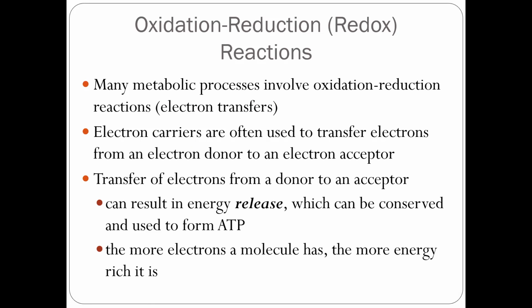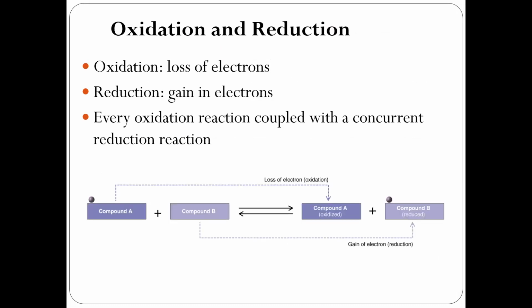And how do we know they have more energy? If something has more electrons, then more energy it has. So electron transfer actually represents energy transfer. This is something you learned in your chemistry, but some people are always confused.